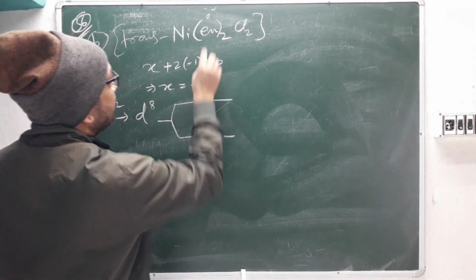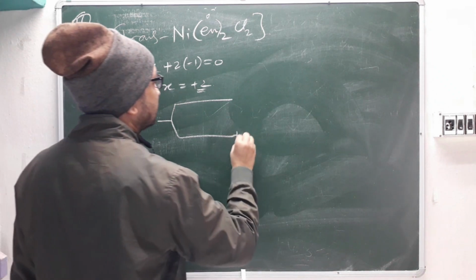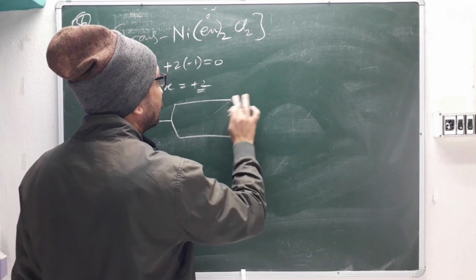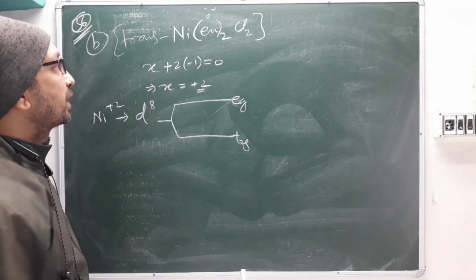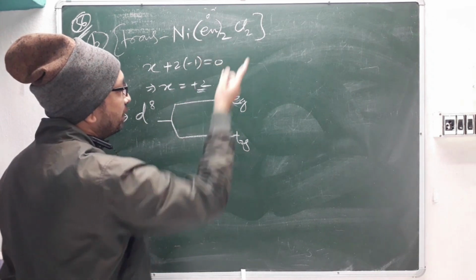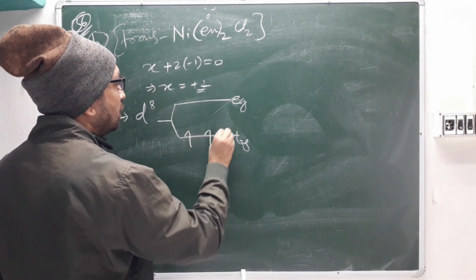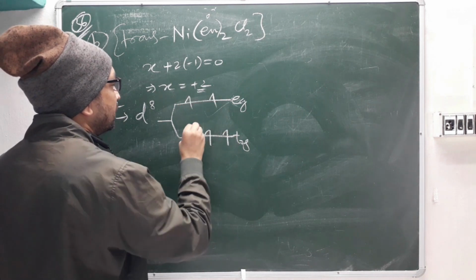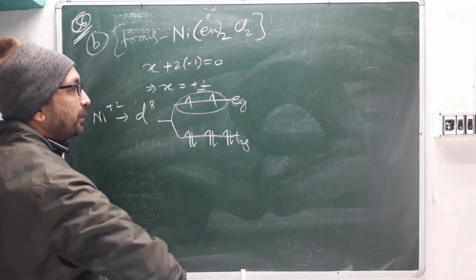Here it is ethylene diamine and +2 state, so it will be a high spin complex. If it is +4, then only it will become low spin. Otherwise, it will be a high spin complex only. There won't be pairing up. So 1, 2, 3, 4, 5, 6, 7, 8. It means there are 2 unpaired electrons.